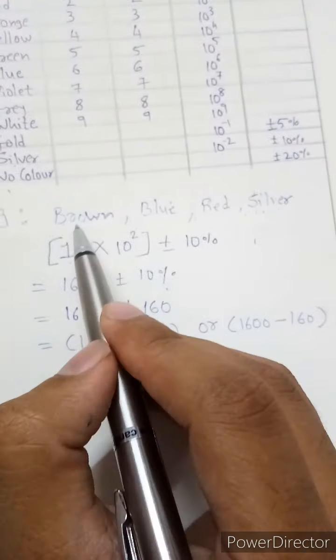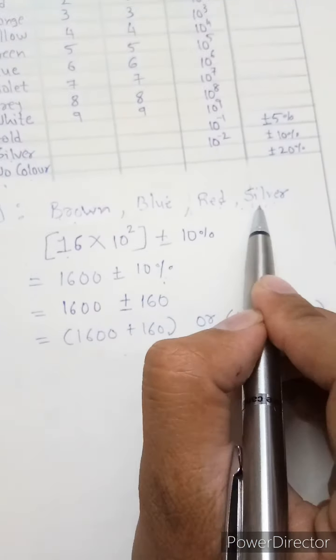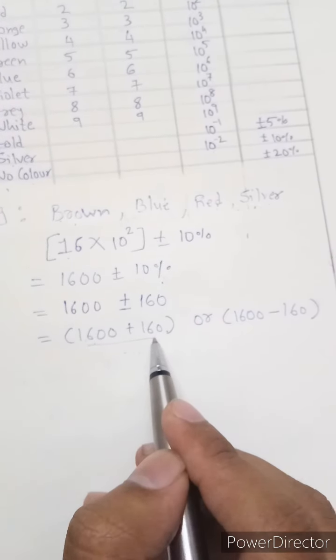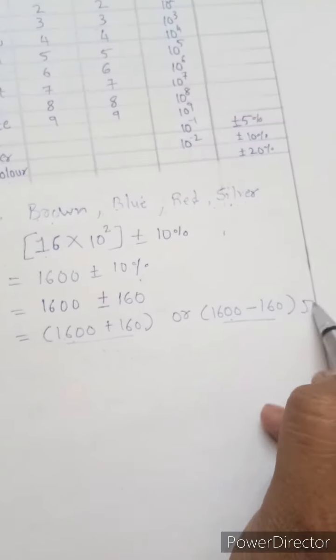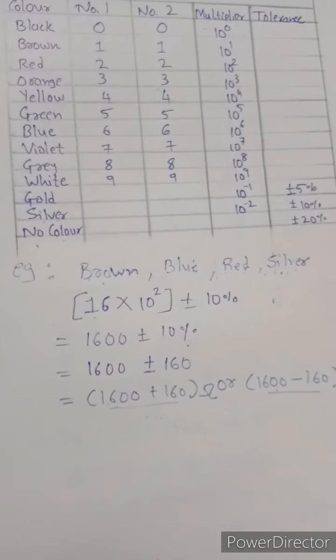So the color code brown, blue, red and silver gives a resistance of one of these two values, and the unit is ohm. Hope you understand how to find this.